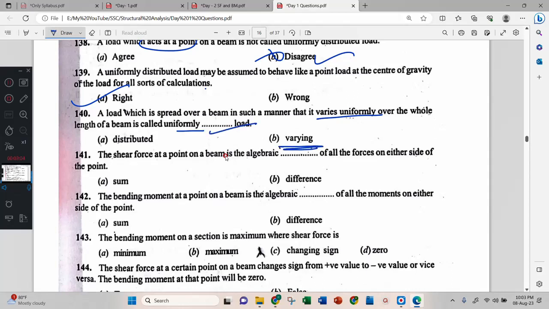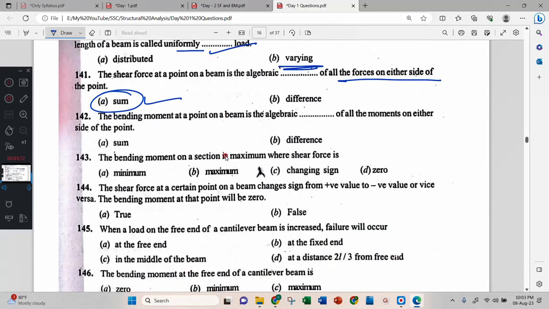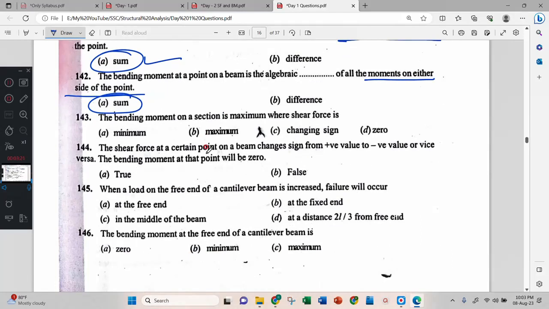Shear force at a point on a beam is the algebraic sum of either the forces on the left side or the right side. Bending moment at a point on a beam is the algebraic sum of moments on either side of the point.